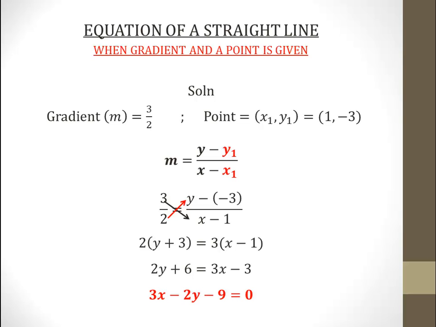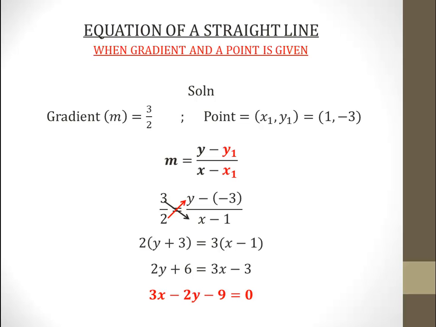So from here, you are going to arrange your final answer in the standard form or the general equation form. Either you are leaving it in the standard equation form or you are leaving it in the slope equation form. I prefer to leave it in the standard equation form.